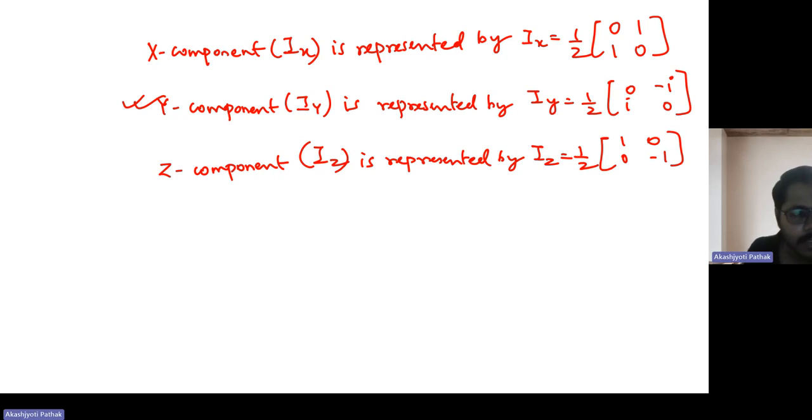Now the exponential of the Pauli matrices.